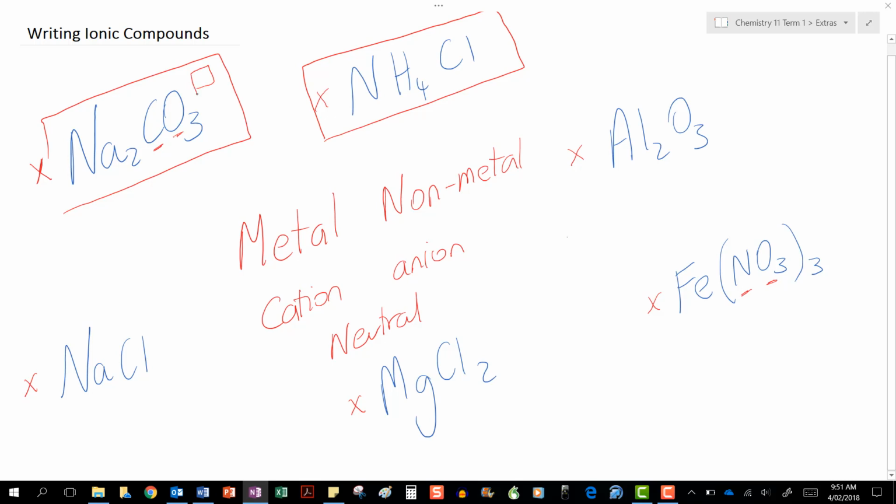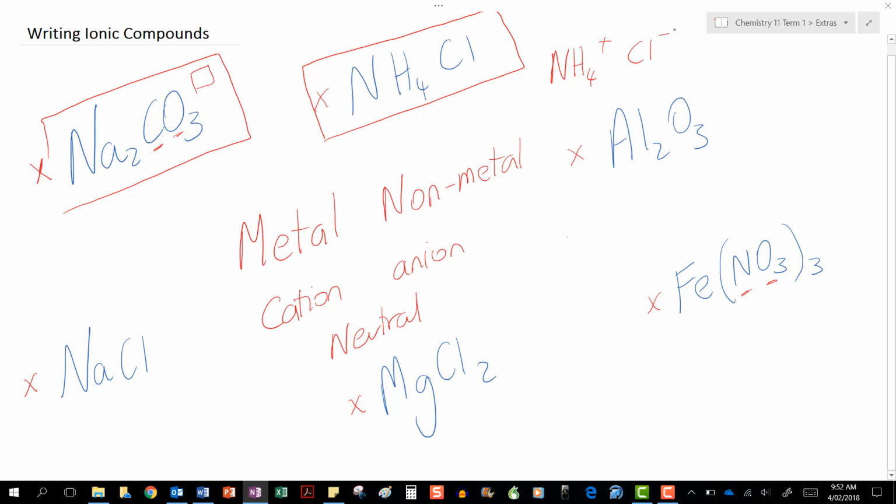So this is what you're looking for when you join the different cations and anions together. It's important to note that the metal is always written first and the anion or nonmetal is always written second. The exception was ammonium, which is also a cation, NH4+, and the chloride here being Cl-.